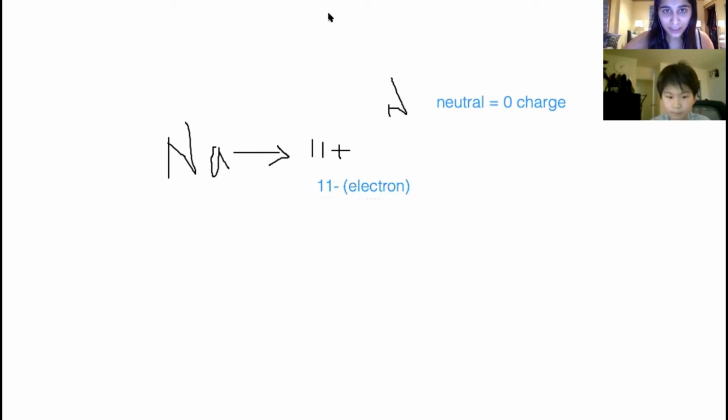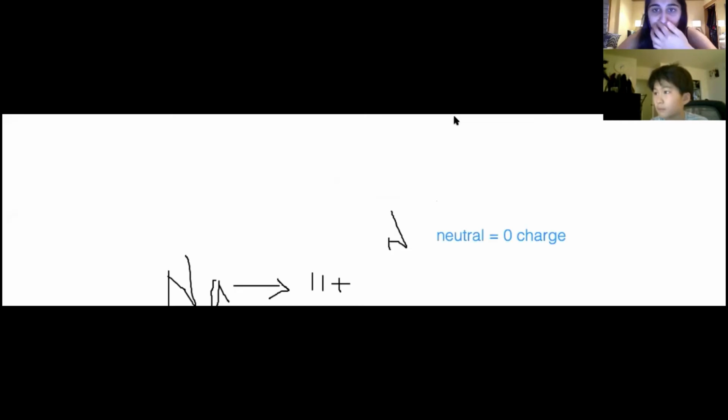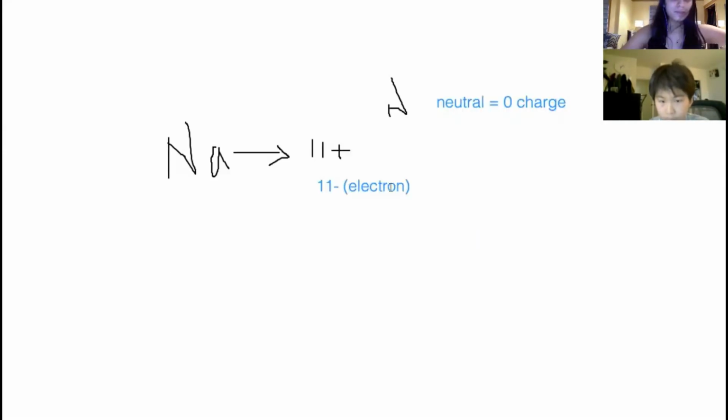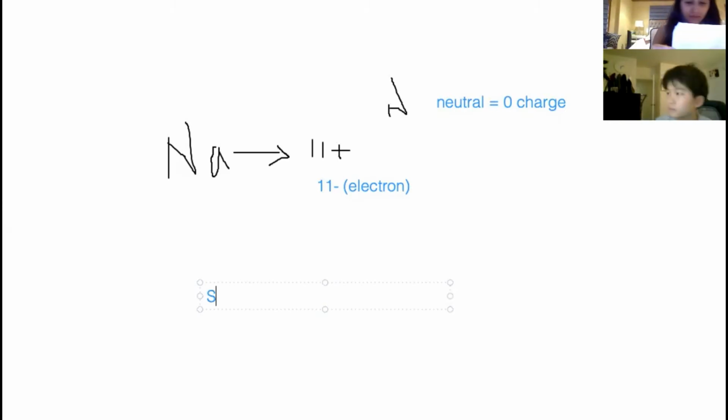So let's do a practice one. Let's say I have sulfur. Let me get my periodic table out. Okay, I have sulfur. That is number 16 on the periodic table, okay?